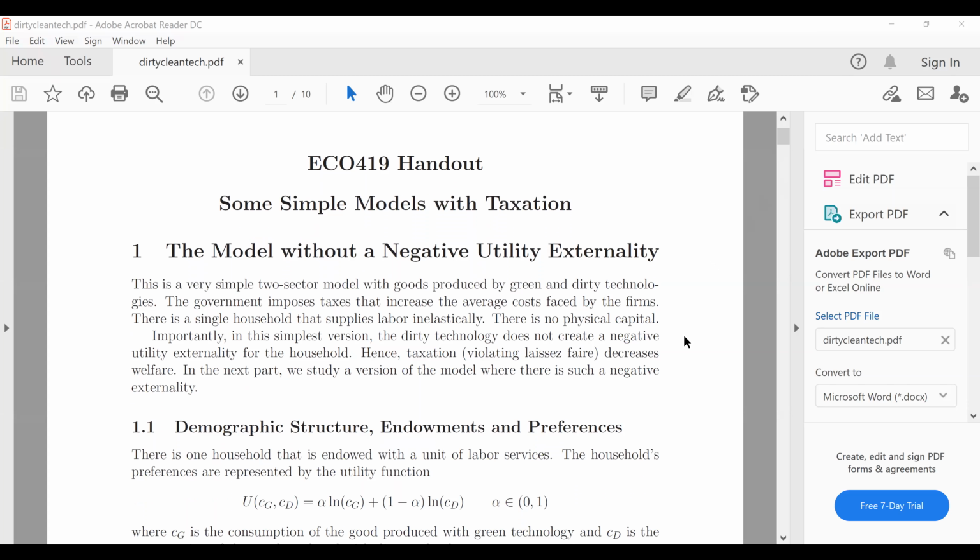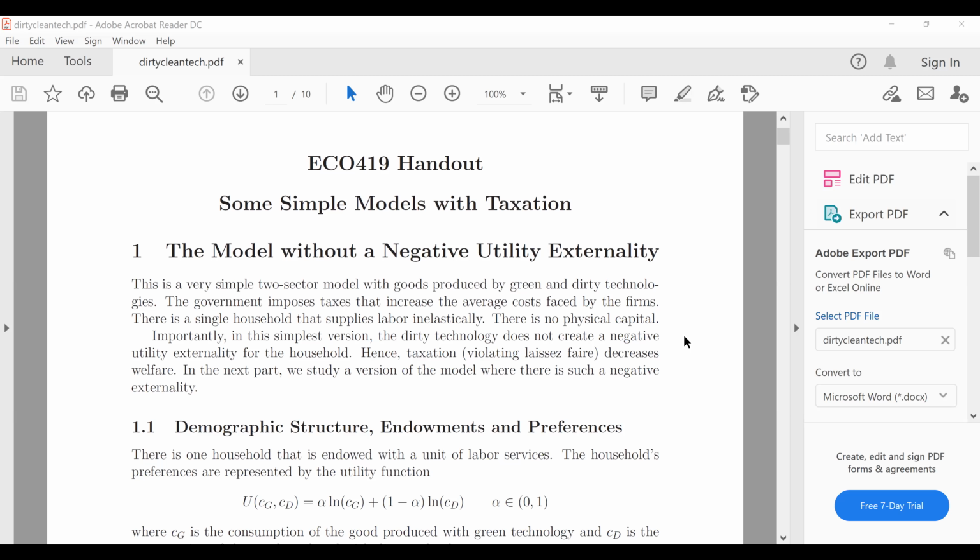And the government is doing something very simple, basically taxing the firms, okay? The taxation is such that the average cost is increasing for all firms in a percentage manner, right? So if the tax rate is tau, then the firm pays a tau fraction of the total average cost to the government, and then the government rebates all this tax revenue to the household.